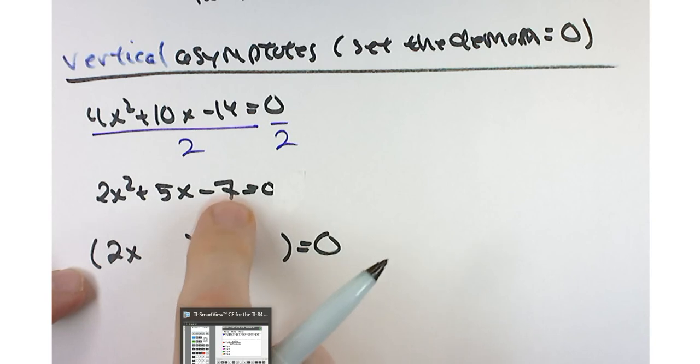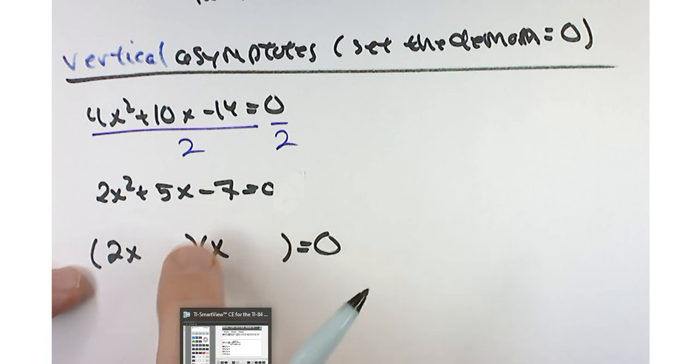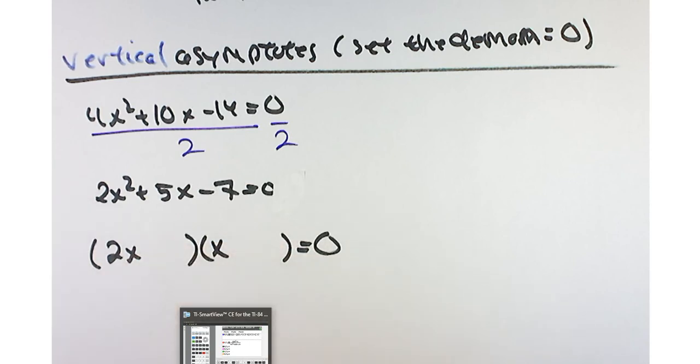The last two numbers have to multiply to negative 7. So there's only a few choices I can put in. I can put in a 1 and a 7, or a 7 and a 1. I can put in a positive and a negative, or a negative and a positive. That's a total of 4 choices. So this one's not too bad to try and mess around with.